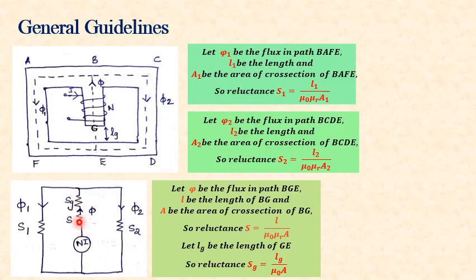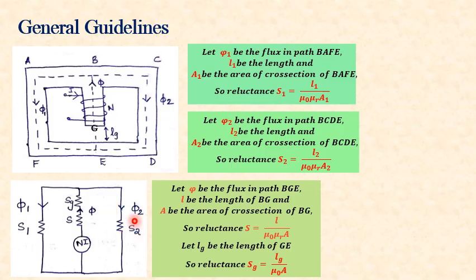One has a reluctance S and the other has the air gap reluctance Sg. And these two are connected in series, so the equivalent of the central limb will come like this. Now similarly, the flux phi 1 is traveling through a reluctance S1 and phi 2 is traveling through a reluctance S2.